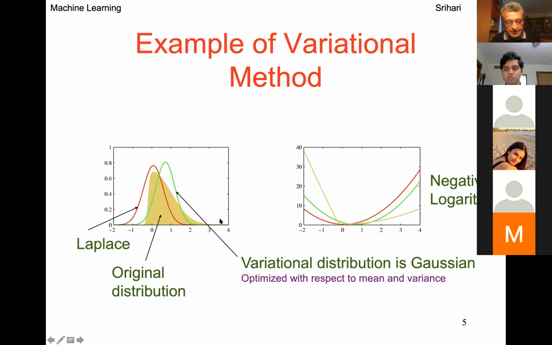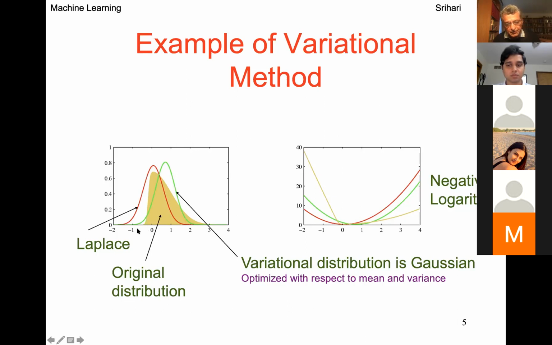That's what the data looks like. And Laplace says, I'm going to find you a Gaussian whose mean is going to coincide with the mode of your distribution. Look, this yellow distribution has a peak at this point, and Laplace says I'm going to give you a Gaussian with a peak right there. So that's what Laplace does.